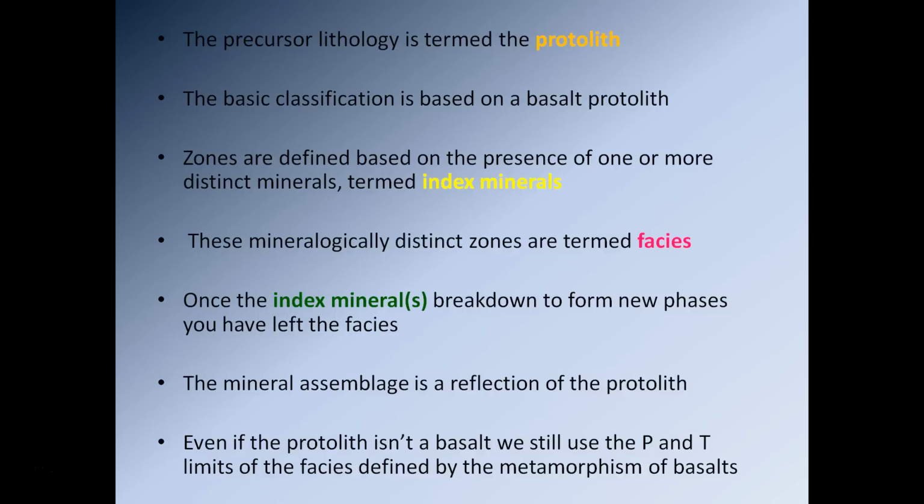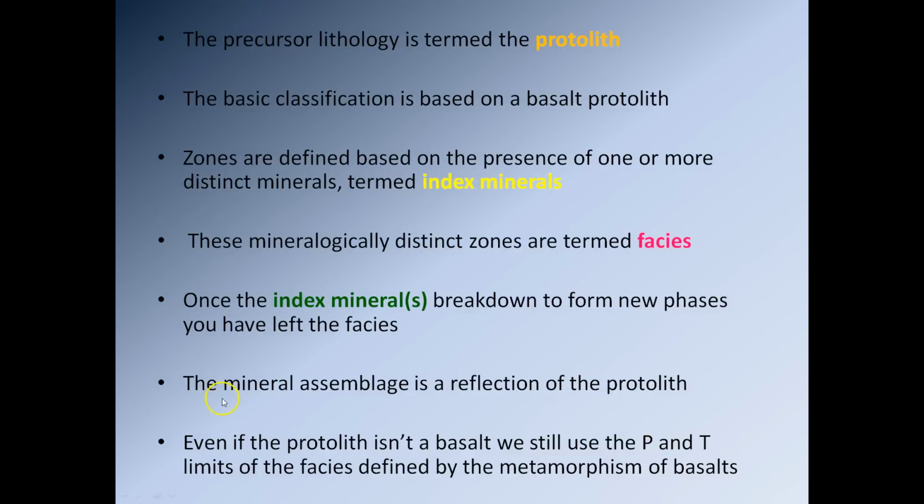In contrast, when you metamorphose something like a sandstone or a limestone or a granite, the changes in mineralogy are relatively minimal. Those rocks don't really metamorphose particularly well, so we can't really use them to gauge pressure and temperature. We need the minerals to change in order to work out what pressure and temperature the rock was exposed to.